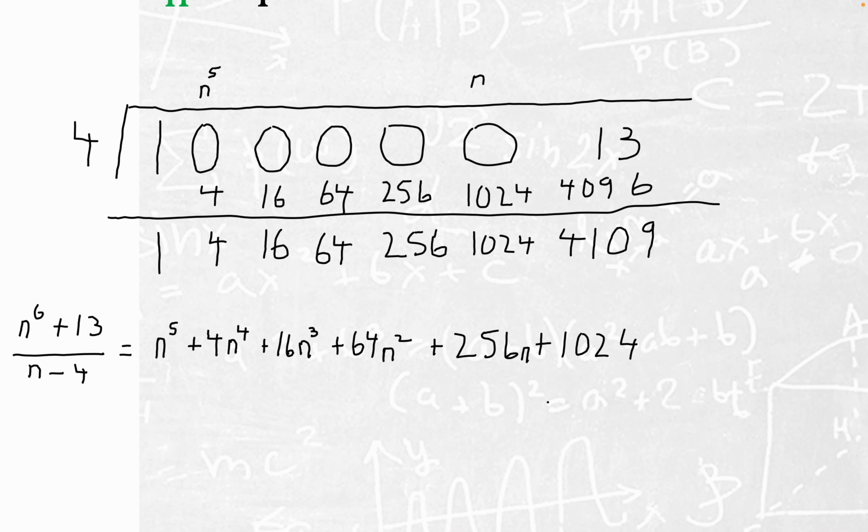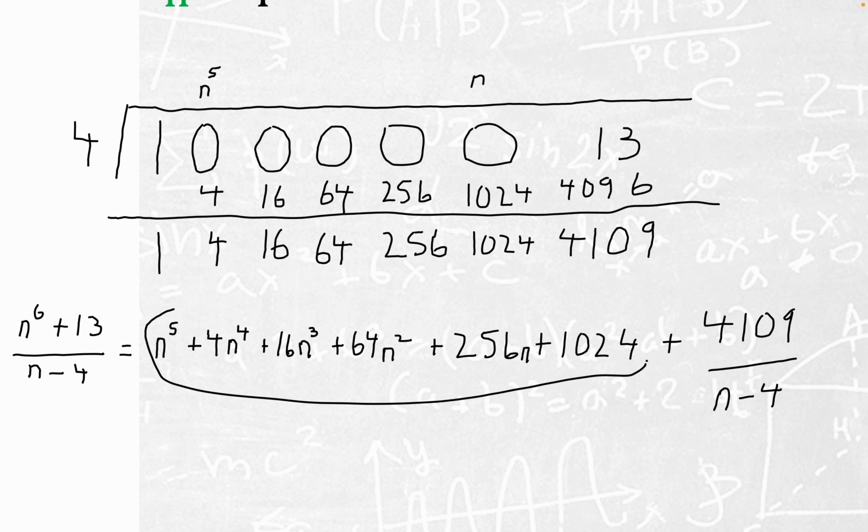Now what does that mean? That means our original expression is equal to all of this stuff that you see plus 4109 over the original divisor, which of course is n-4. Now what makes this problem relatively easy is that this entire piece right here is always going to evaluate to an integer.